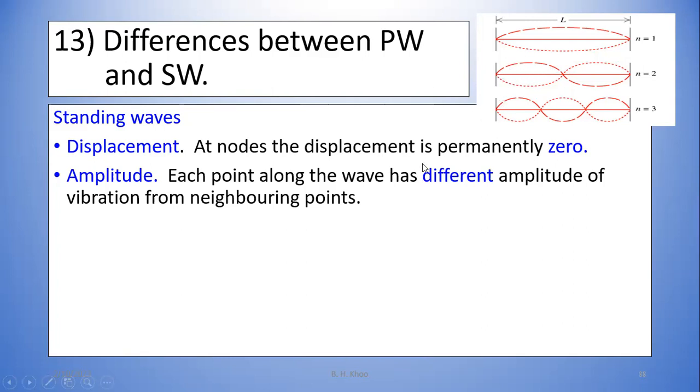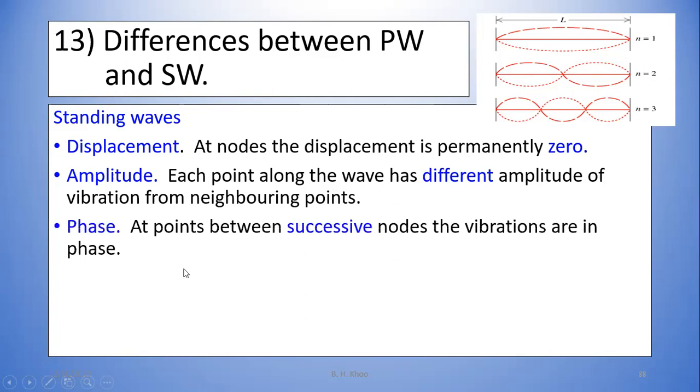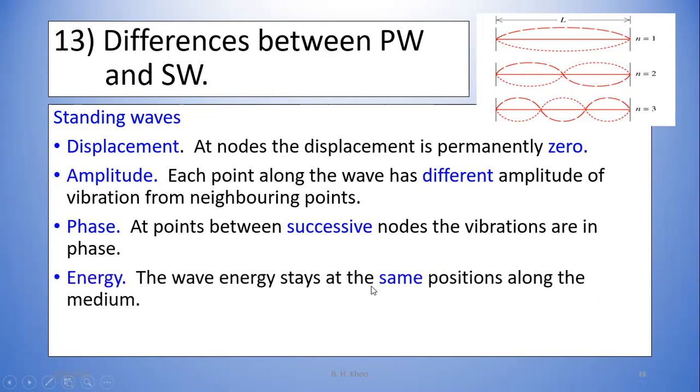They are in phase, but different amplitude. Phase, at points between successive nodes, the vibrations are in phase. Successive nodes will be here. They are vibrating in phase here. Same as here. Right? They are vibrating in phase. Energy stays at the same position along the medium. Right? You are required to memorize a few of them, at least 2 or 3 of them.